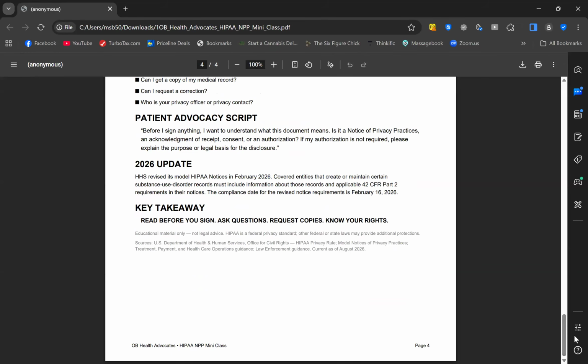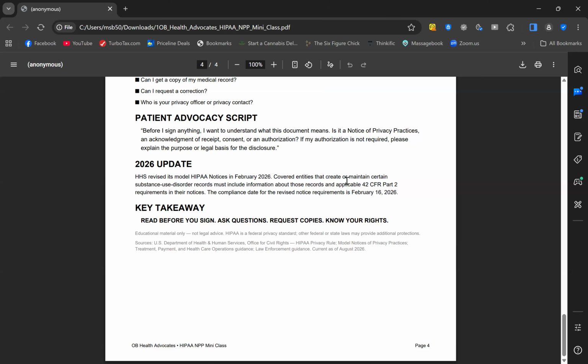And then there was a 2026 update, which we will get to. HHS revised the model for HIPAA notices as of February of this year.